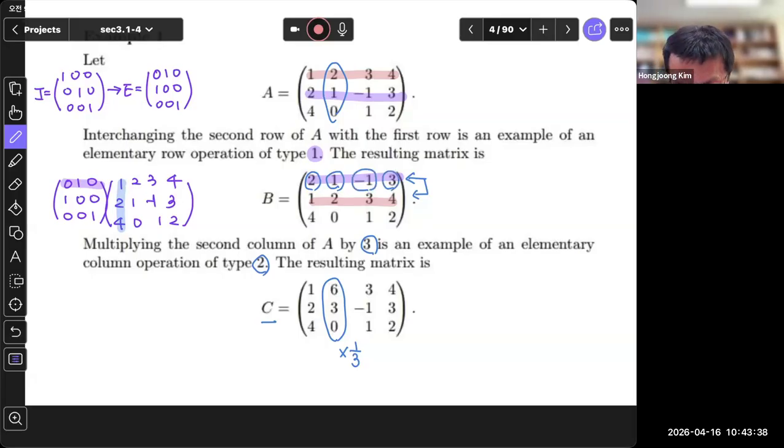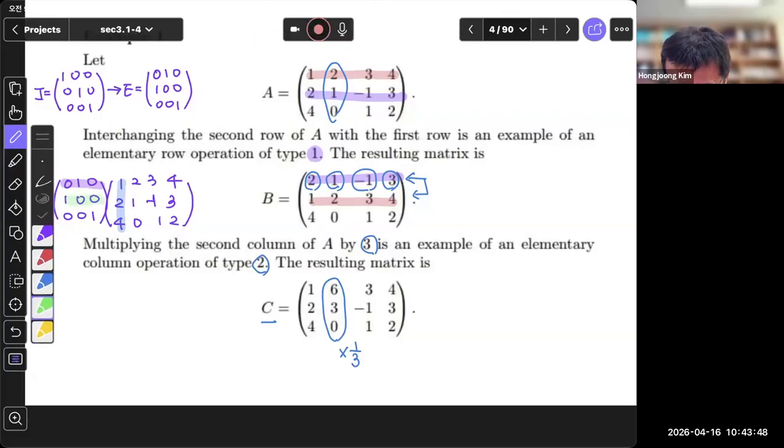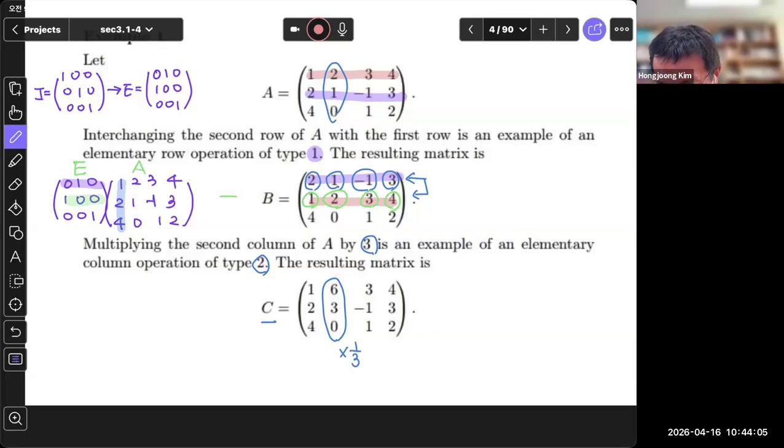And when you multiply 1 0 0 with 1 2 4, then you get 1, then 2, then 3, then 4, and so on. So when you multiply E with A, you get the B matrix.